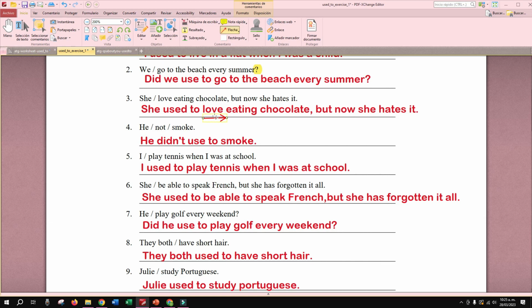Or you can use that way. That sounds better. She used to love eating chocolate. This is a common one. For example, I love playing the guitar.